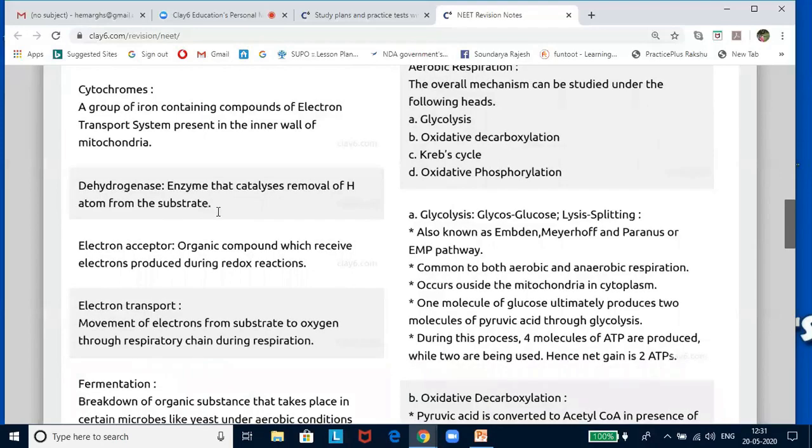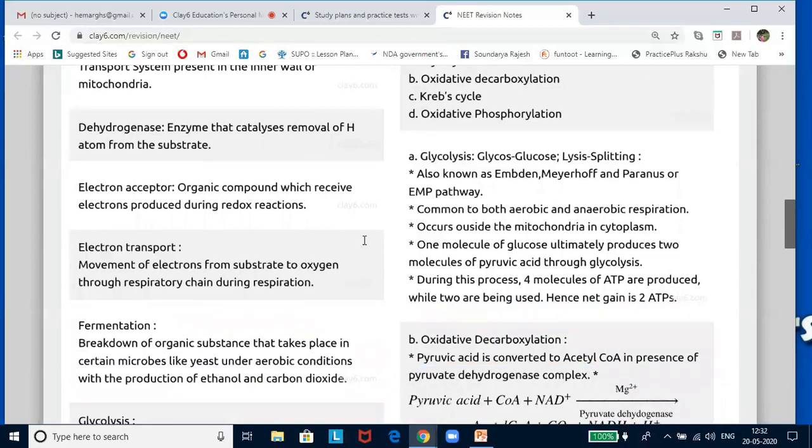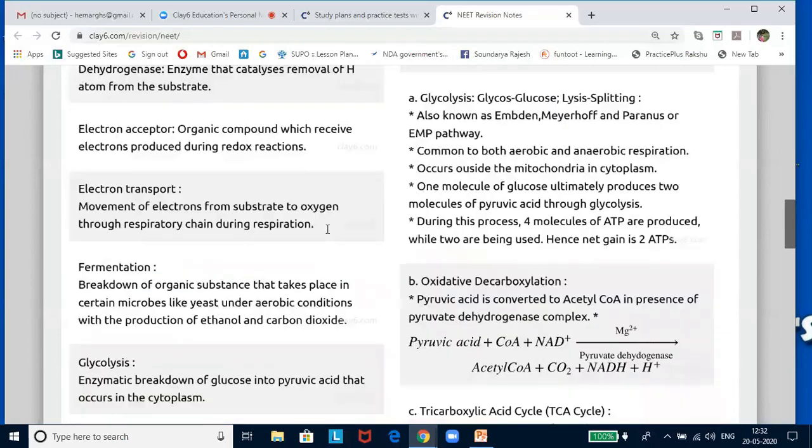Dehydrogenase, enzyme that catalyzes removal of hydrogen atom from the substrate. Electron acceptor, organic molecule which receives electrons produced during redox reaction. Electron transport, movement of electrons from substrate to oxygen through respiratory chain during respiration.